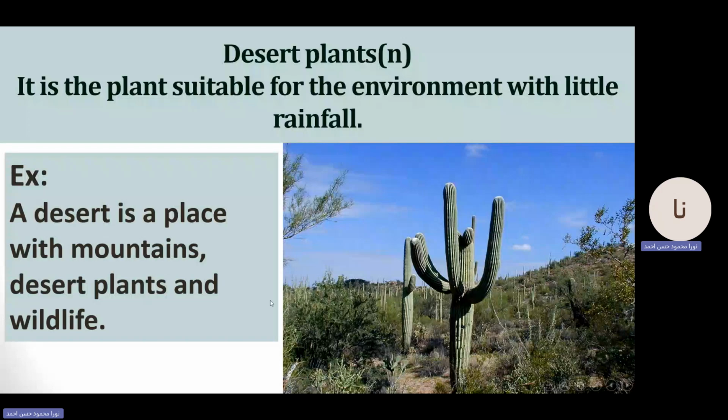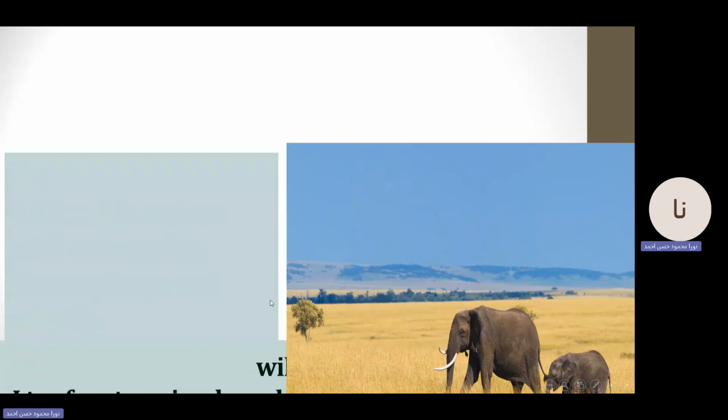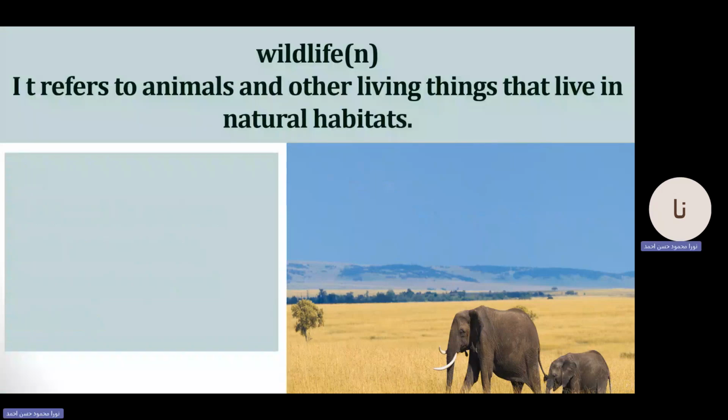Desert plants. Wildlife. It refers to animals and any other living things that live in natural habitats like desert lands, grasslands, waterlands, and so on. الحياة البرية, wildlife.